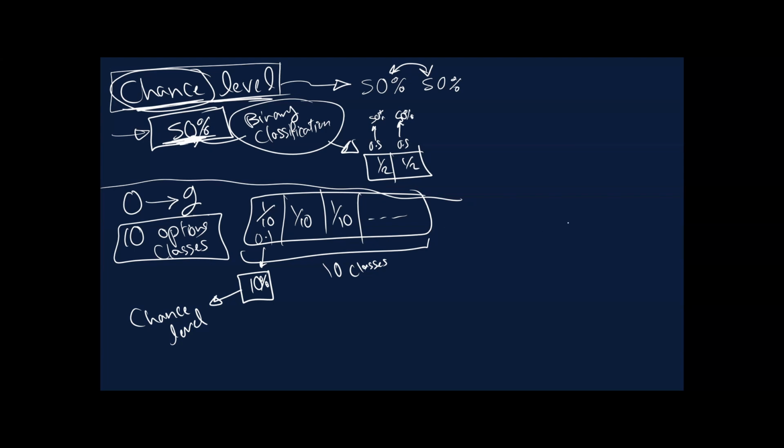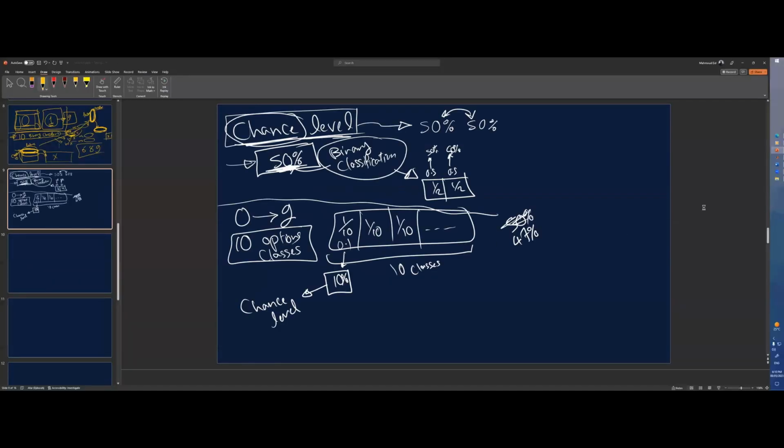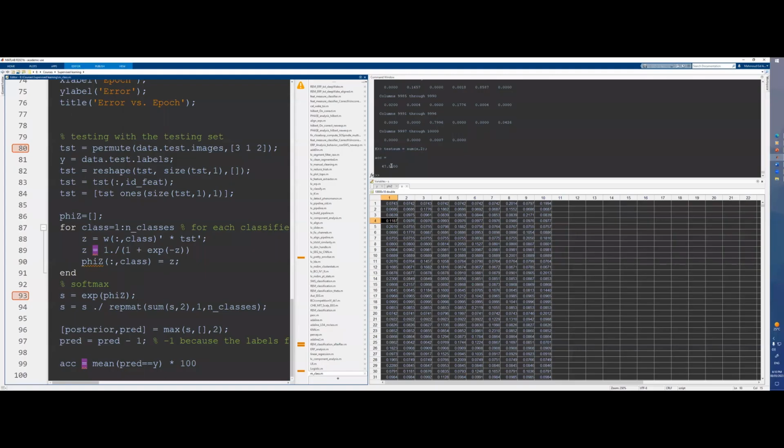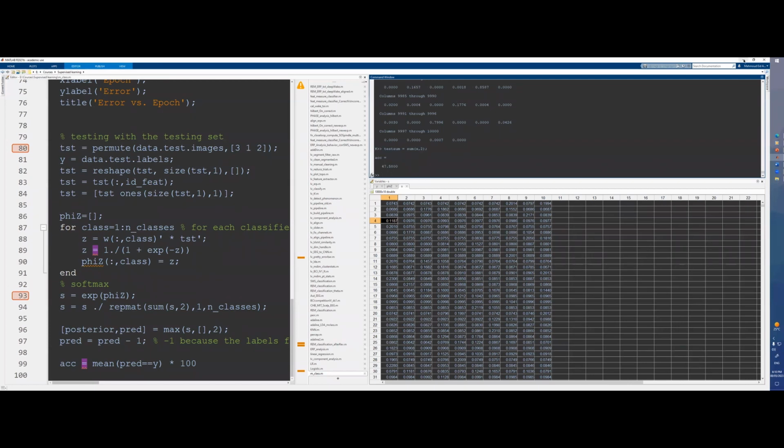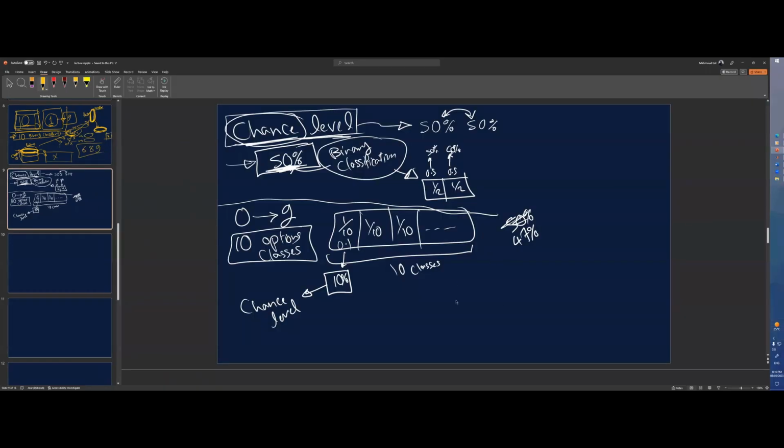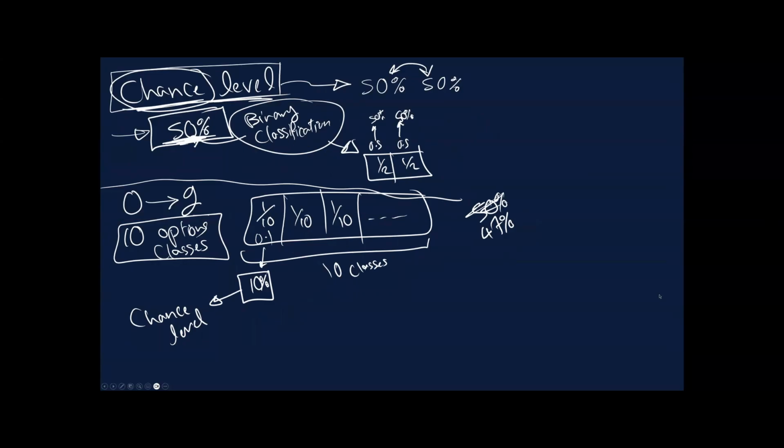So a classifier performing at 50%, or exactly 47% that we had in our code, would mean that the classifier is not very bad eventually, because it's far away from 10% and it had a lot of options. It could have made a lot of mistakes along the way, but it doesn't.